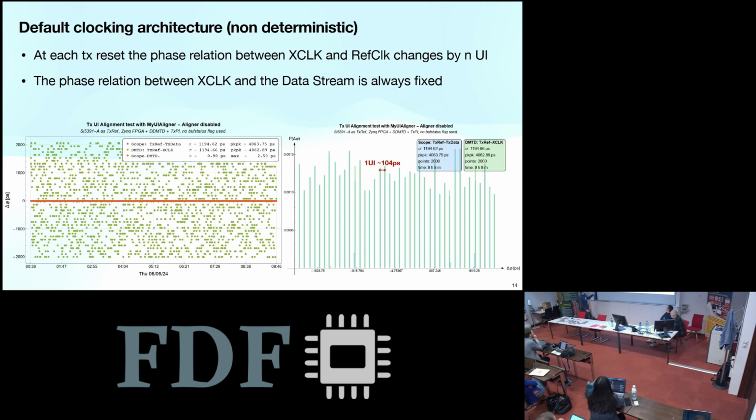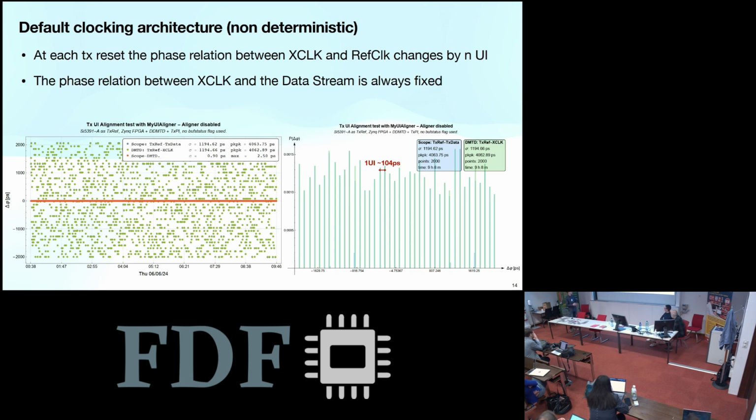So this is our lack of determinism. In blue, which you don't see because it's below the green measurements, we have a scope measurement between our TX reference and the data. And you see that X clock and the data is the same phase.